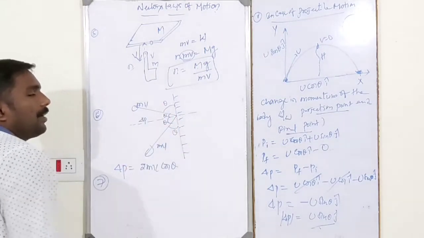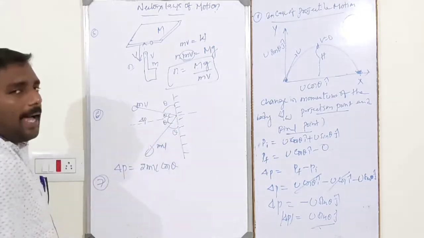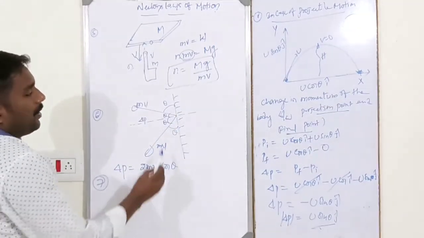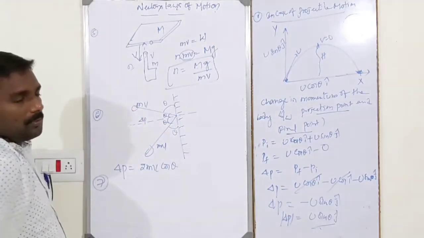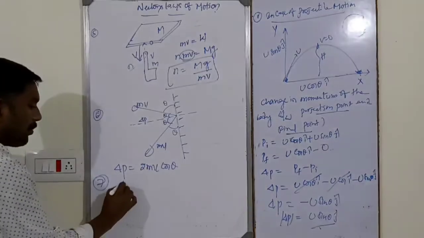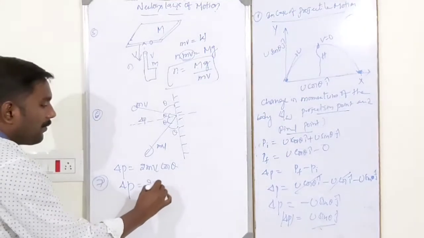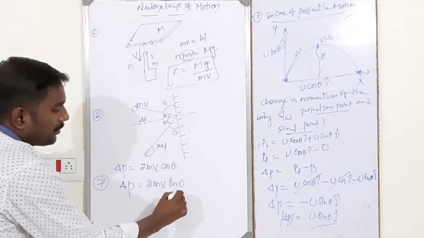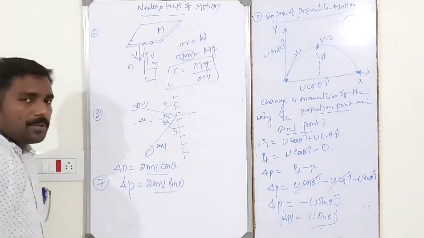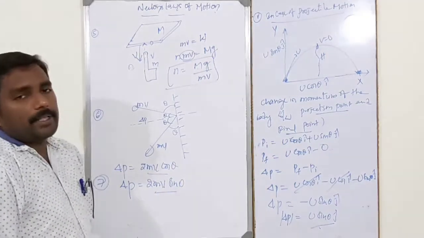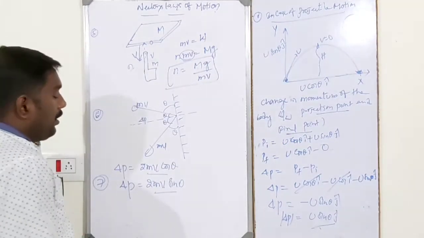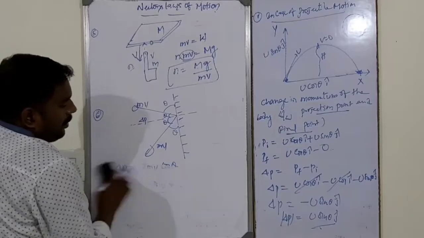Theta is the angle between the initial direction and the wall. In that case the change in momentum is 2mv sin theta. These two are very important from the examination point of view. Next one.